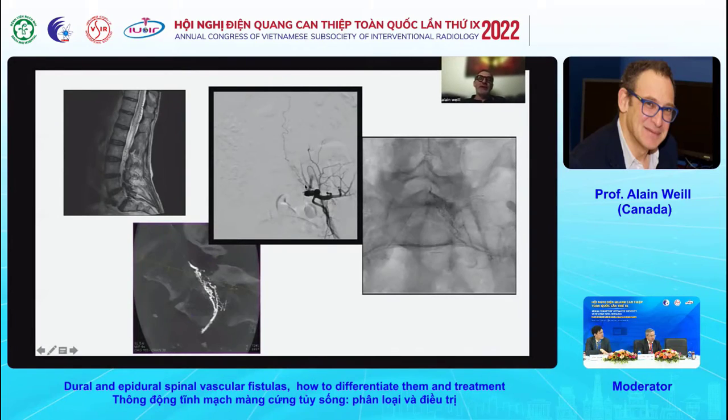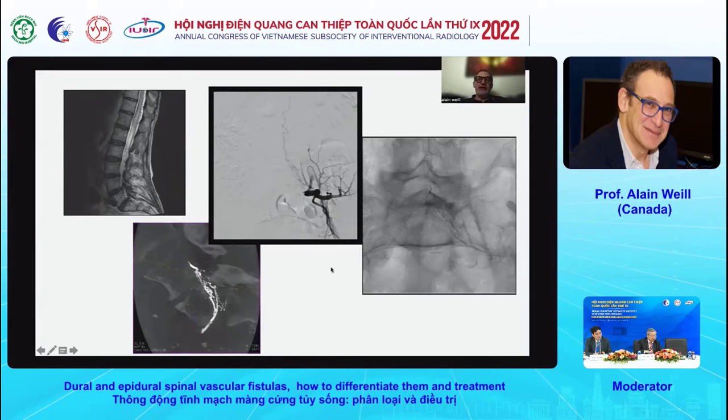What is interesting here, notice the small feeders alongside the dura mater, which then converge to create this reflux into this intradural vein. And here is the typical aspect of a dural fistula.